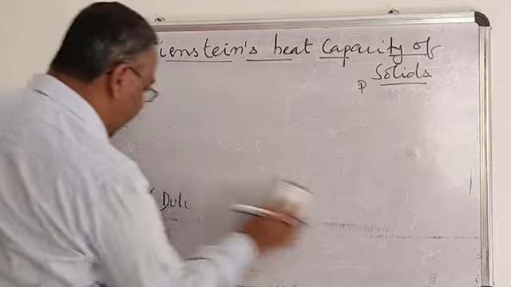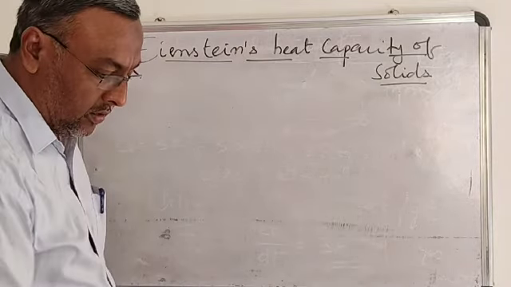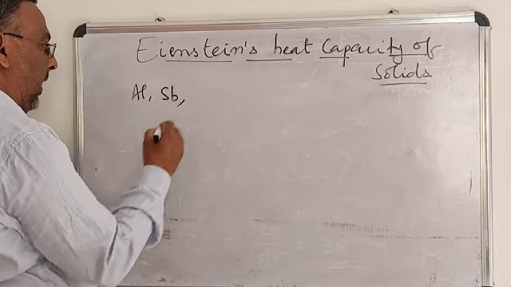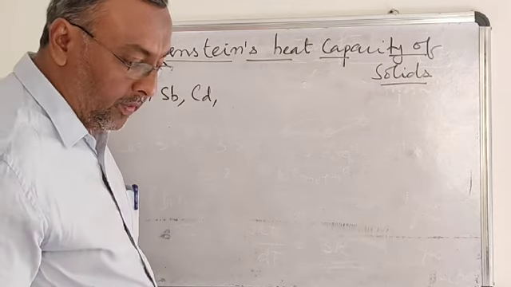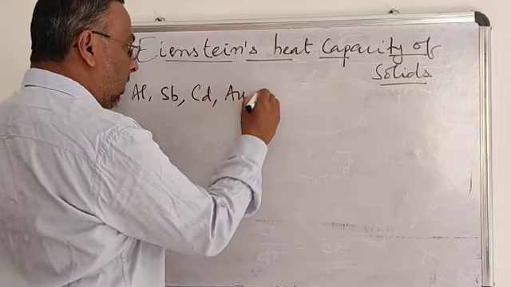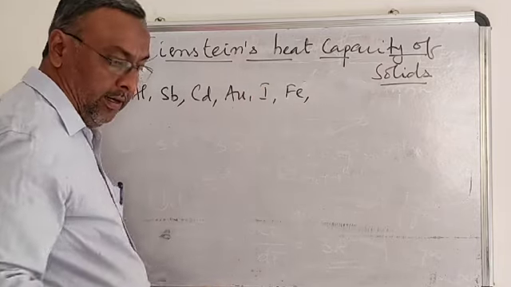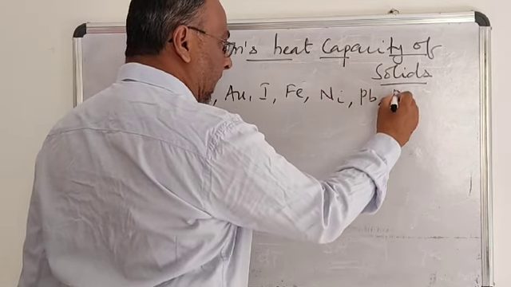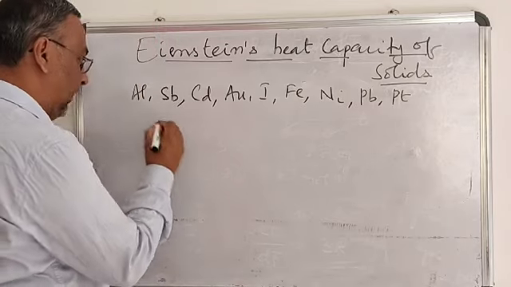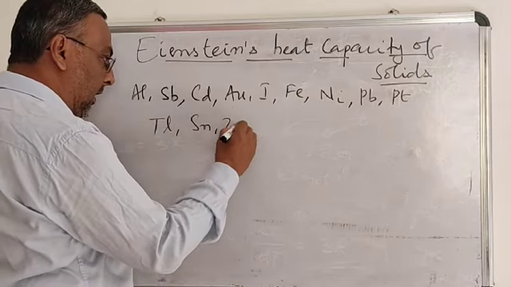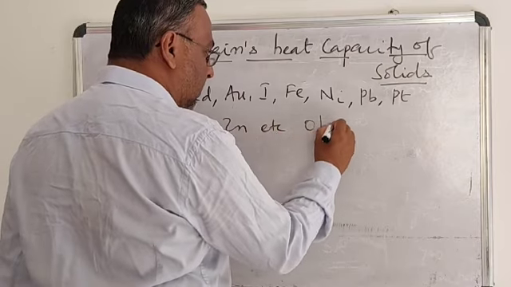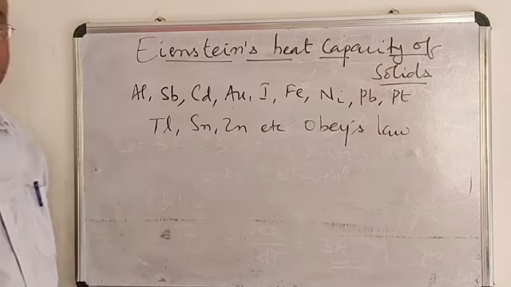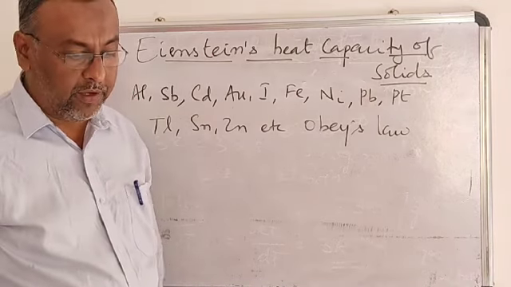Metals like aluminium, antimony, cadmium, gold, iodine, iron, nickel, lead, platinum, thallium, tin, zinc, etc. obey Dulong-Petit's law. That is, Cv is almost equal to 25 joules per Kelvin per mole.